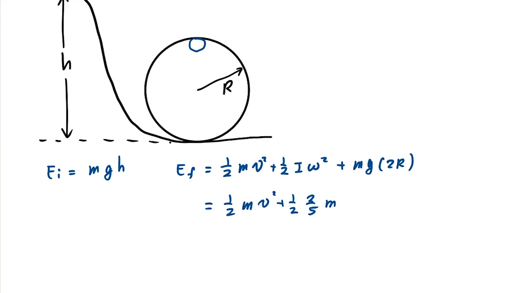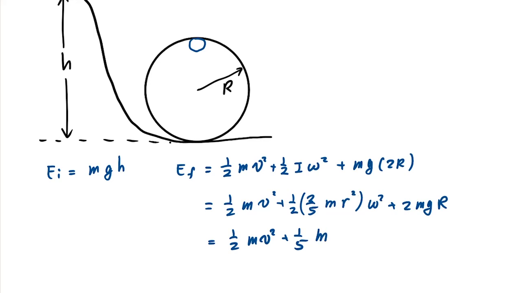M, same M, and then R squared, correct? And then omega squared plus 2mgr. With me? Okay. We have 1/2 mv squared plus 1/5 m, and then we have r squared omega squared.